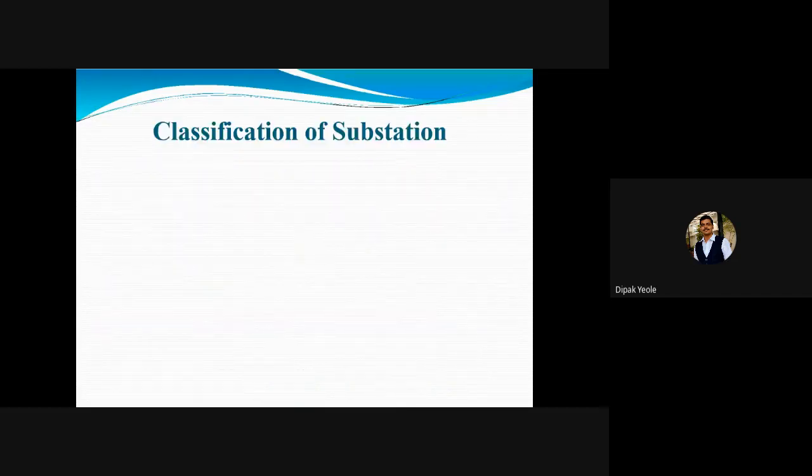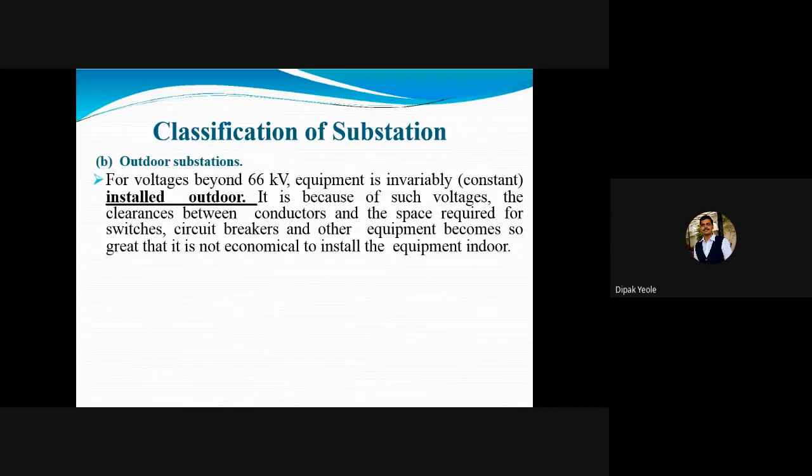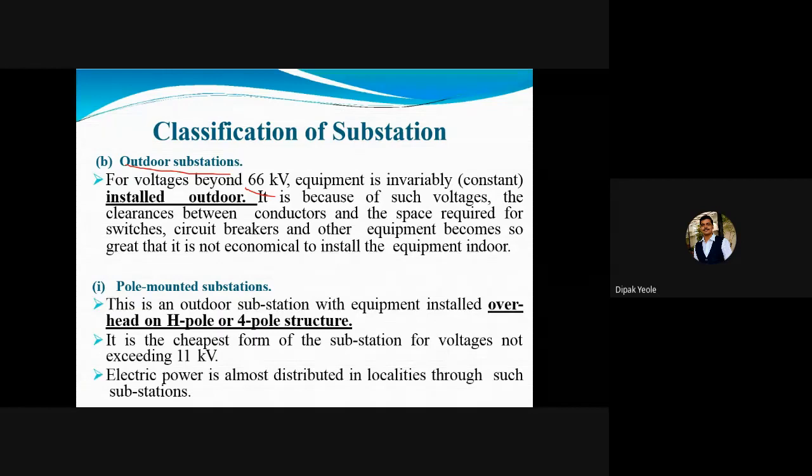The second part is the outdoor substation. Beyond 11 kilovolt, we choose the outdoor substation, and obviously we can use big components like circuit breakers and power transformers in the industry. The outdoor substation is categorized under the pole mounted, which is the 4-pole structure.